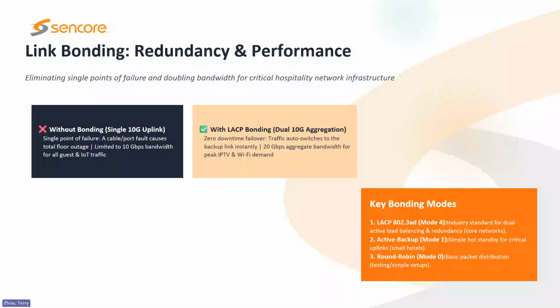Typical link bonding nowadays runs LACP, 802.3ad, which is called mode 4. A lot of switches support LACP, link aggregation control protocol. So you can use multiple ports to connect between the switches, and it can increase the throughput.